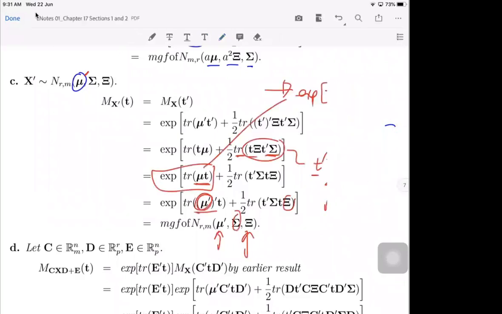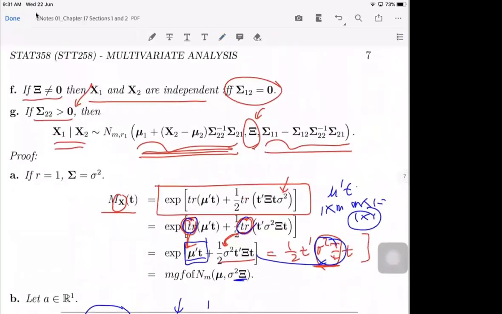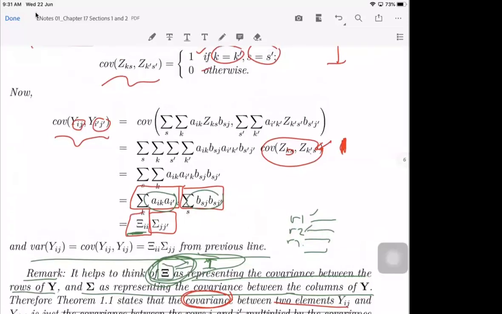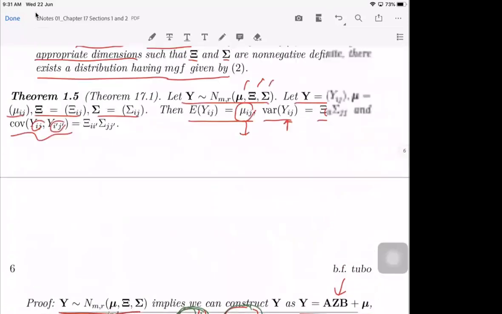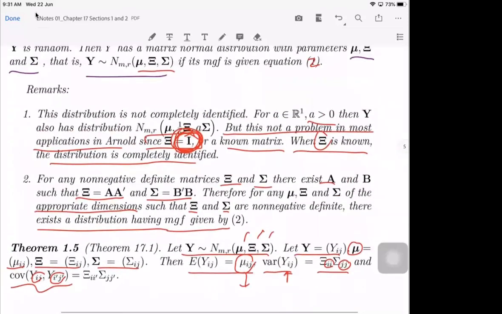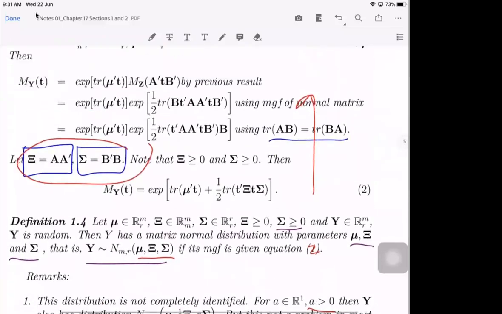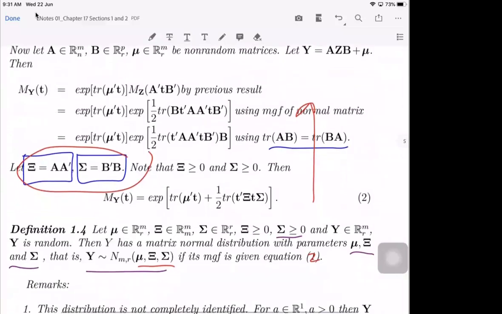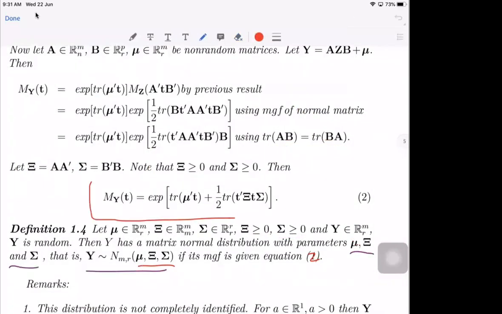We always look at the form of the moment generating function. Here. This is the form. So you should have mu prime there.